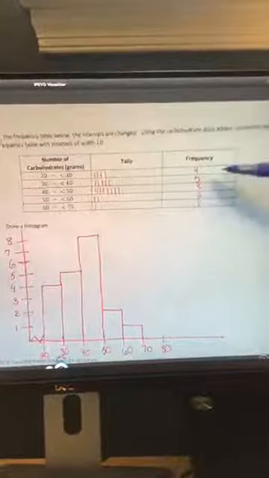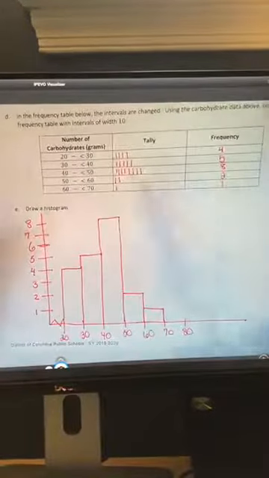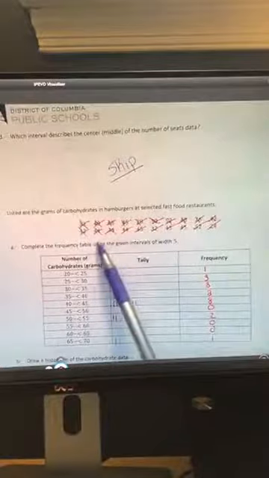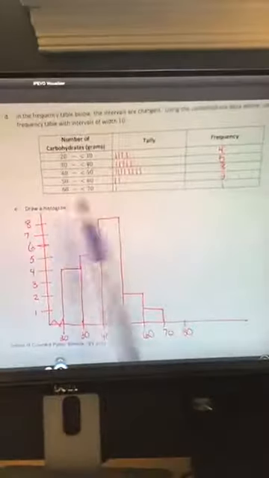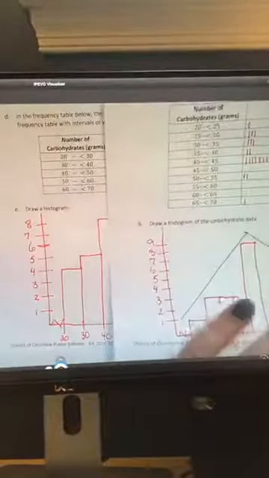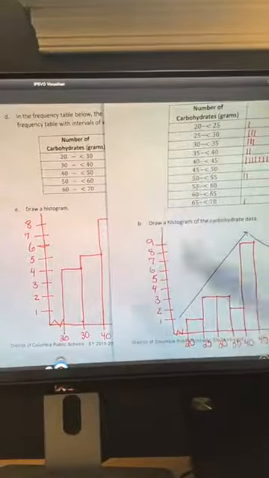All right, so then we had question D. Okay, question D gave us another table. We were supposed to take these same data points and put them into this table. Now, the reason we're doing it a second time is because if you notice, our ranges are different.